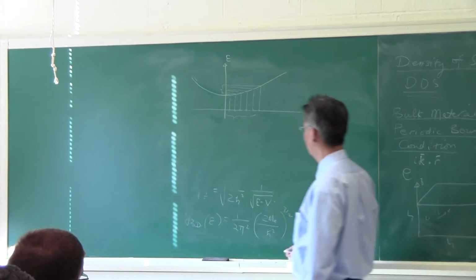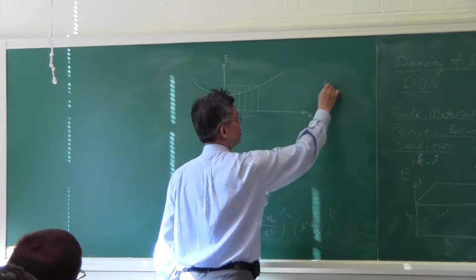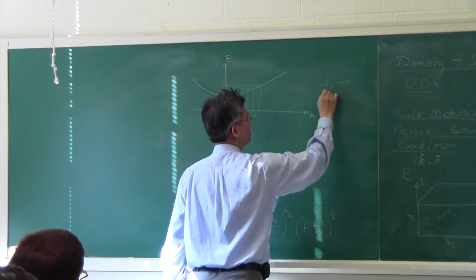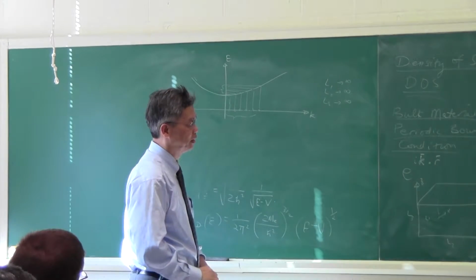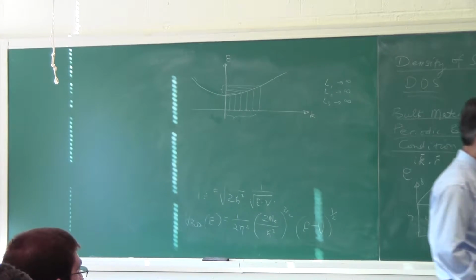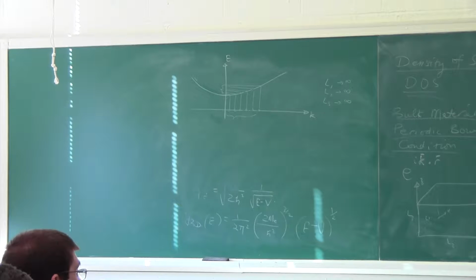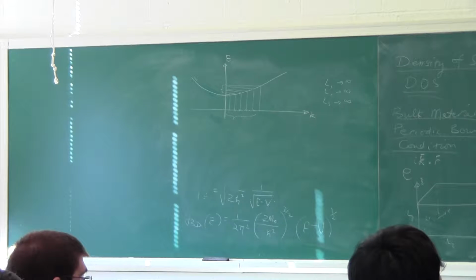Okay? But eventually we want to make L1 go to infinity, L2 go to infinity, L3 go to infinity. And when that happens, then delta k just becomes dk. Delta kx becomes dkx. Delta ky becomes dky. Delta kz becomes dkz. This is like Fourier series becoming Fourier transform kind of thing.